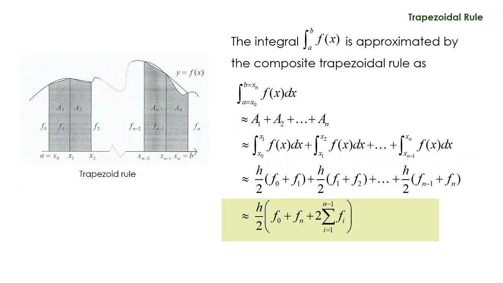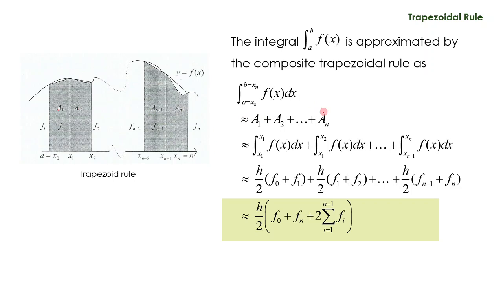As I drew before, we have a lot of segments. This is the general integration equation, starting from a until n. Since we use n segments, we will have several values of area: area 1, area 2, area 3 until area n.